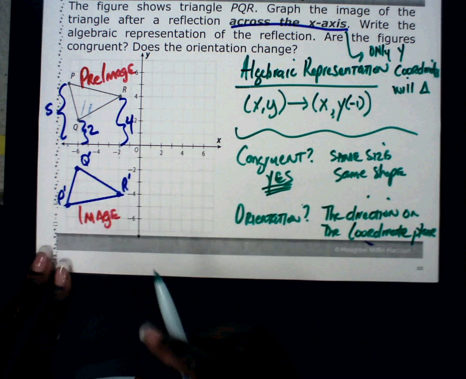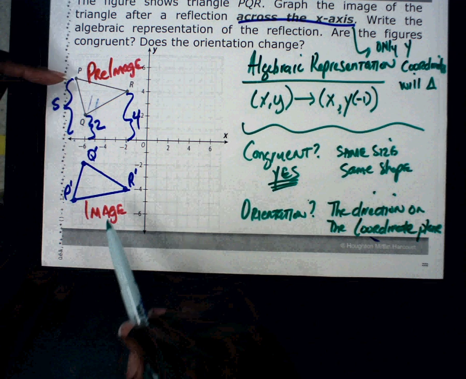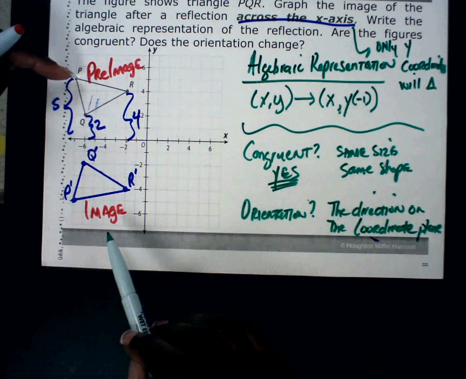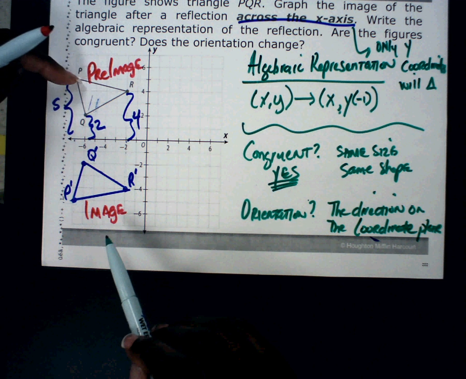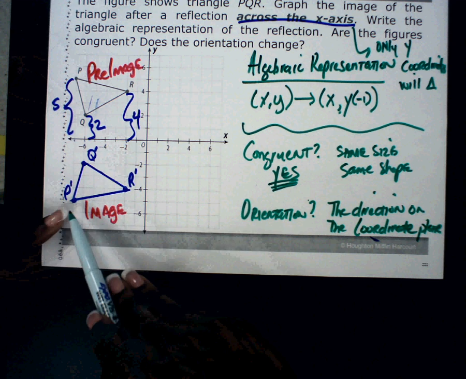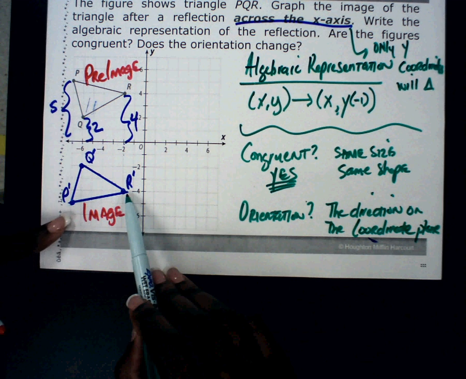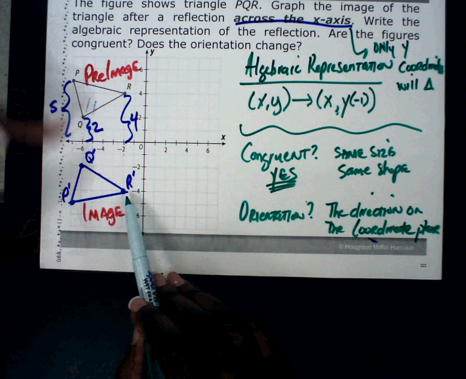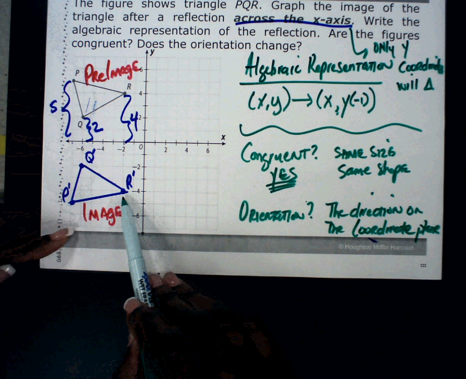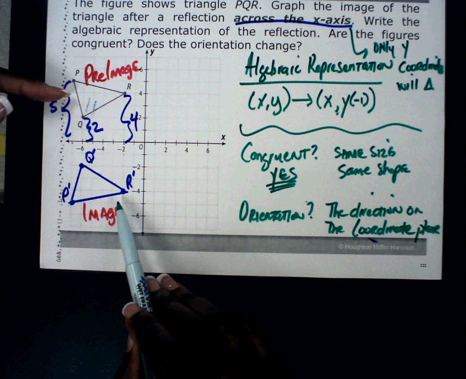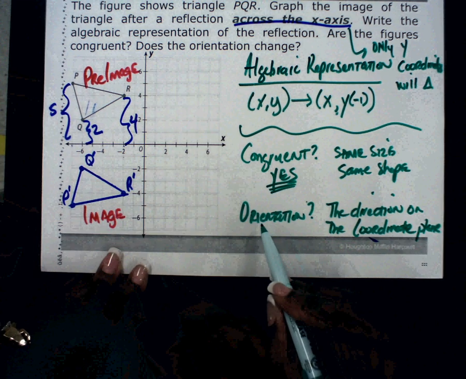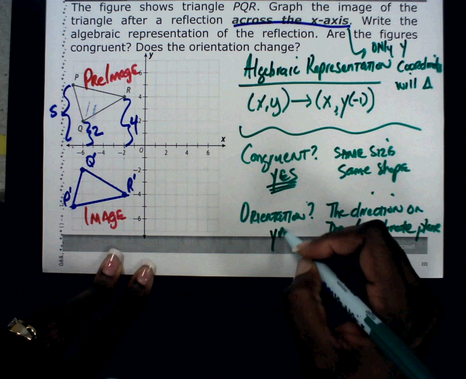Okay, so if we look at the direction, we have originally in our pre-image we had P and R on the top side of the image, but when we reflected it across, now P prime and Q prime, which are the corresponding sides, now they are on the bottom. So the direction of the figure changed between the pre-image and the image. So the orientation, it does change.